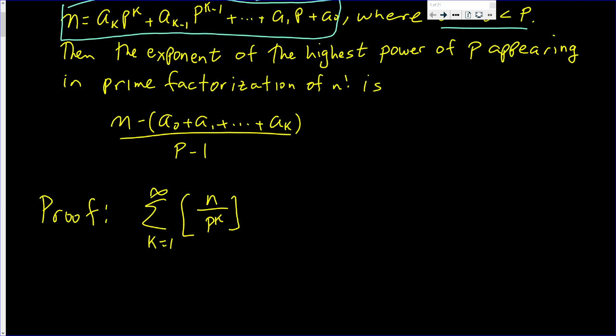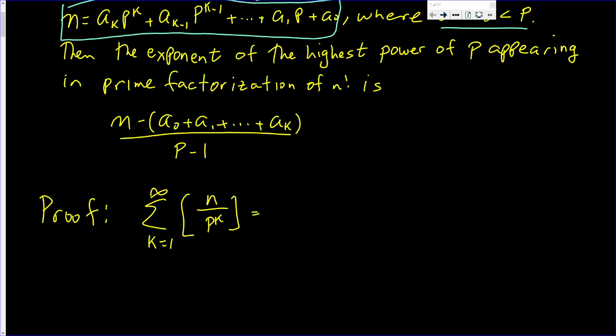Maybe k just needs to go up to 8, because at some point p to the k is going to be large enough where this is less than 1, and of course that will be true for p to the k plus 1 and p raised to the k plus 2. So this implies that the greatest integer function of n divided by p to the k will equal 0.